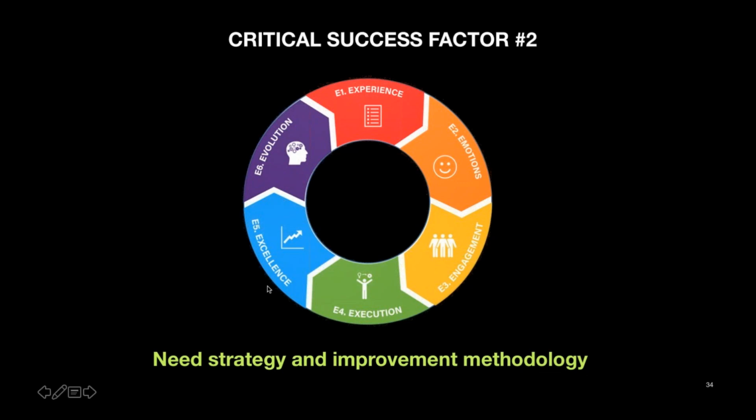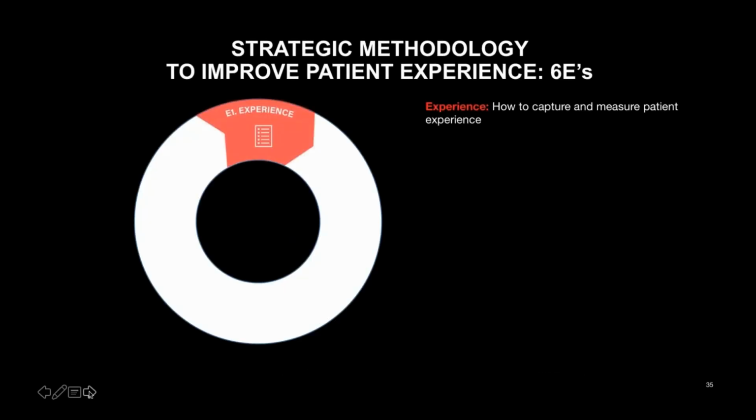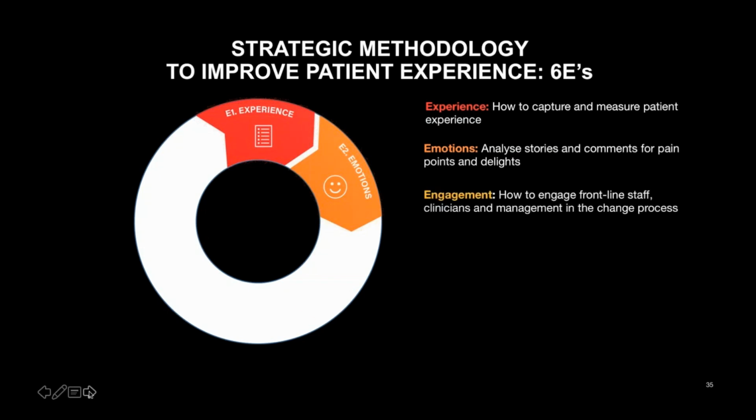Also, when it comes to your KPIs for excellence, which is E5, you have very relevant patient experience methodology. So as I've lightly touched on, the first E is around capturing patient experience. The second E, E2, is around emotion, analyzing stories or comments or that qualitative feedback for pain points and delights, because that's going to create more emotional connection when you want to engage your staff.